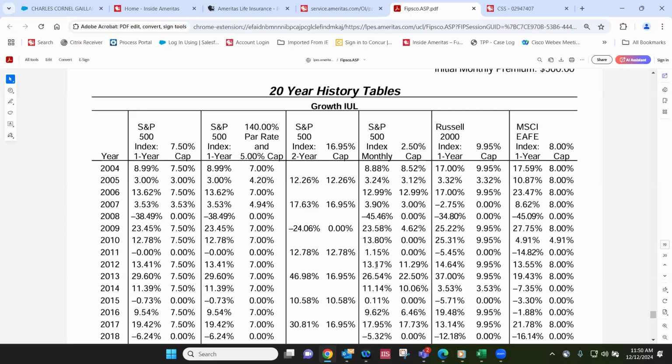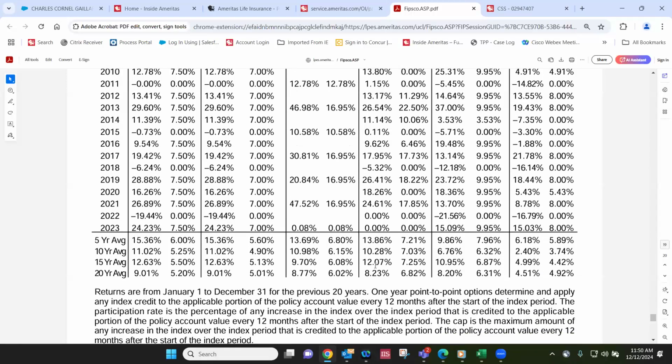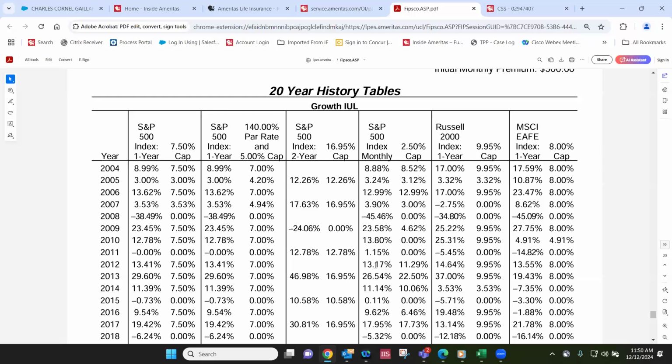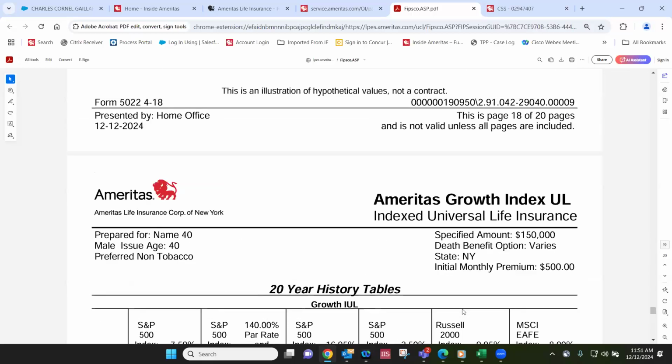Now, here's the funny thing. The illustration doesn't change. We're assuming 4.98% no matter what your choices are. That is what we are illustrating, unless you ask for a fixed rate. Then that would be a little lower. Otherwise, any index option will give you an illustrated rate right now of 4.98%.